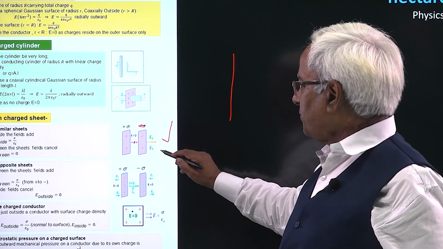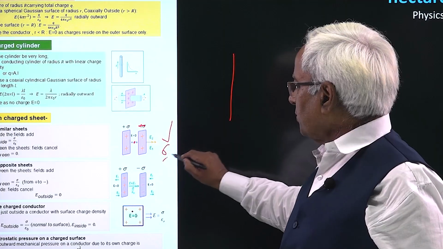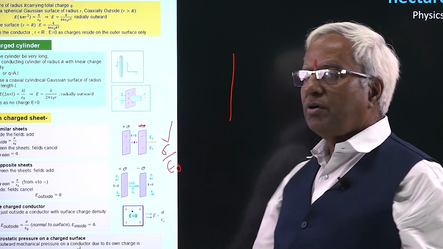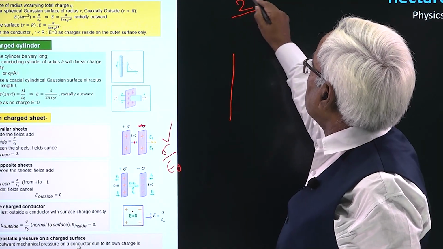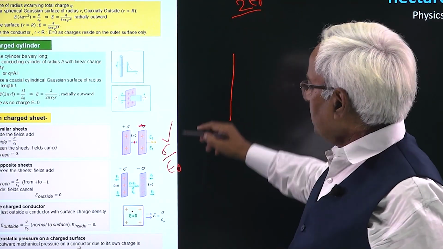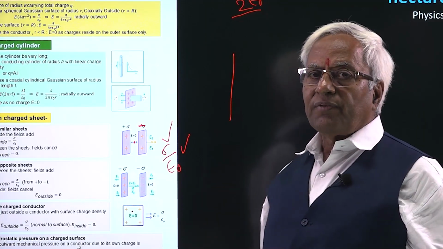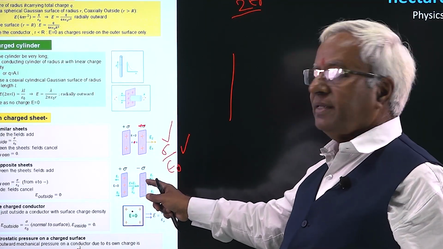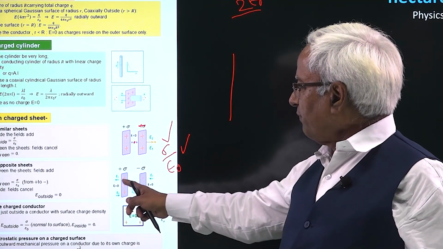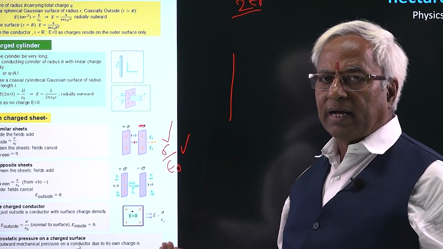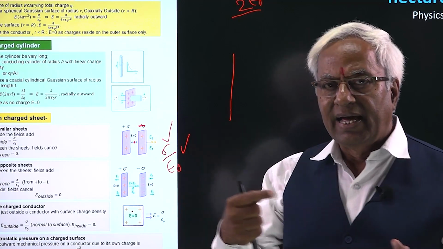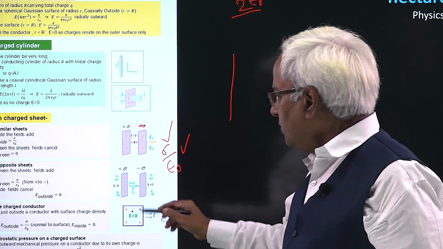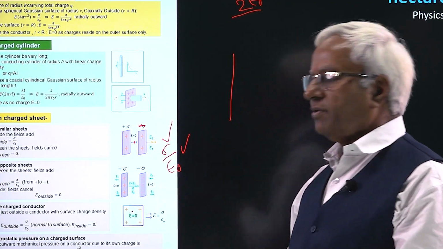Outside they'll be added together. Here the field is going to be sigma upon epsilon naught, because when you add sigma upon 2 epsilon naught two times, you get this. If they are equal and opposite, then outside the fields from both sheets cancel each other, and within them the two fields add together to give the resultant sigma upon epsilon naught.